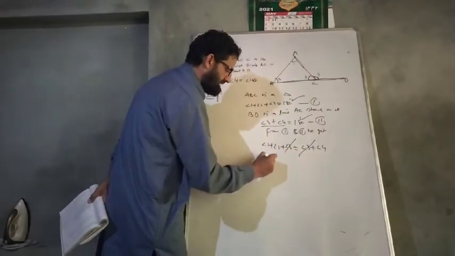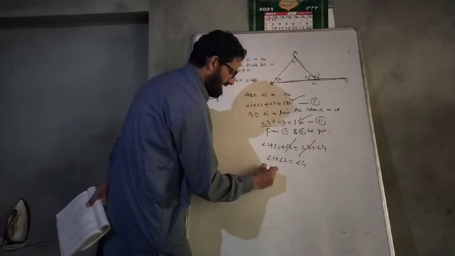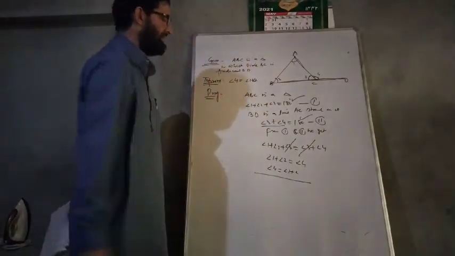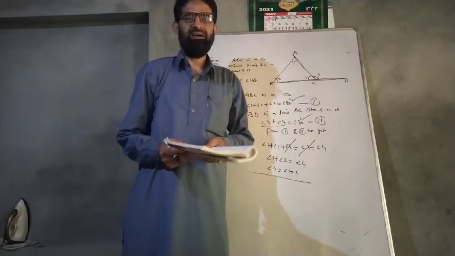Angle 3 cancels. Angle 1 plus angle 2 is equal to angle 4, or you can write angle 4 is equal to angle 1 plus angle 2. So we have proved that the external angle is equal to the sum of the two interior opposite angles of a triangle.